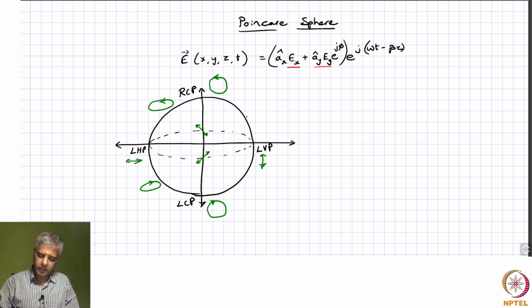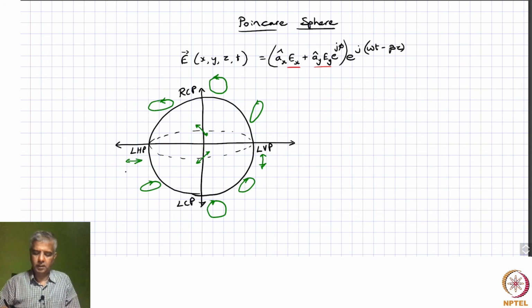If you start with a linear polarization, let's say we are starting somewhere over here, and you incorporate a phase change of pi by 2, where along the y direction it is retarded by pi by 2 with respect to the x direction, then we are moving from this towards this direction.